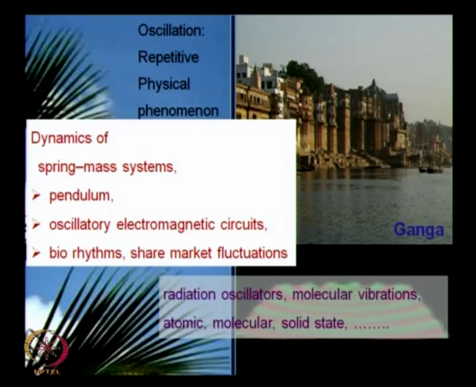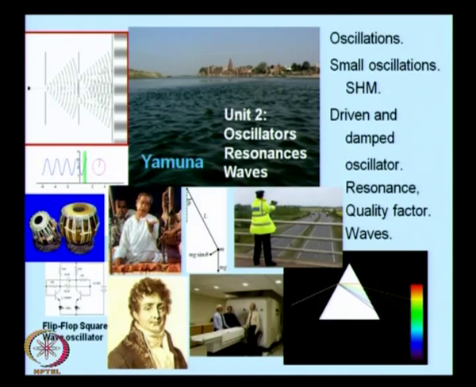But then in other physical phenomena like molecular vibrations in atomic physics and molecular physics and solid state physics and so on, oscillations play an important role in just about every physical process in a very big way. So, it is very important to learn oscillations from the fundamental principles.